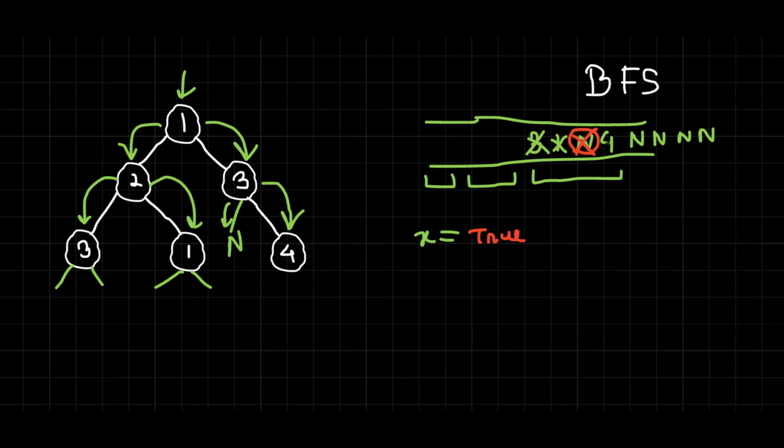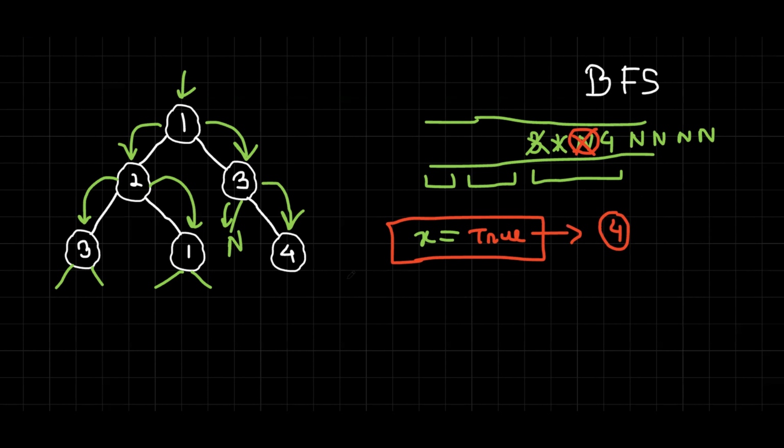But wait, we have found a null value, and after that we have found a node which is equal to 4. That violates the complete binary tree conditions, so in this case we have to return false.